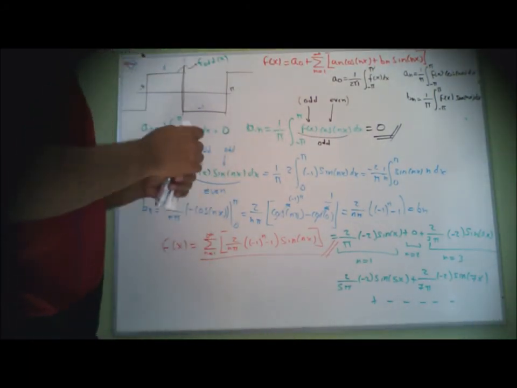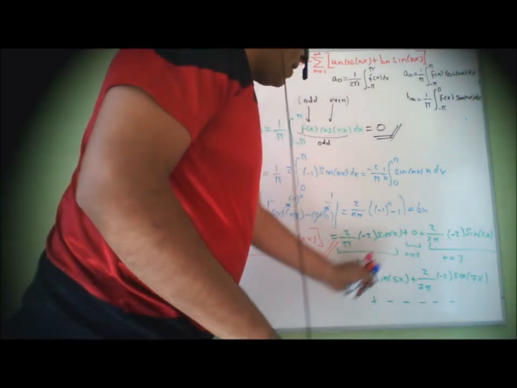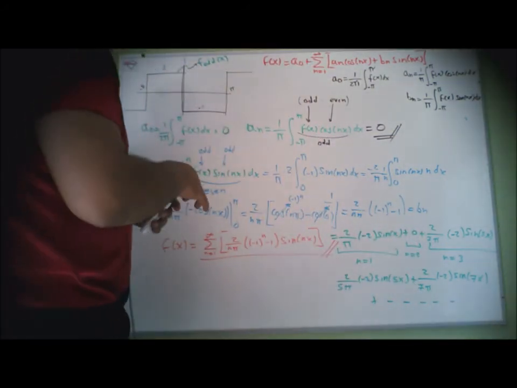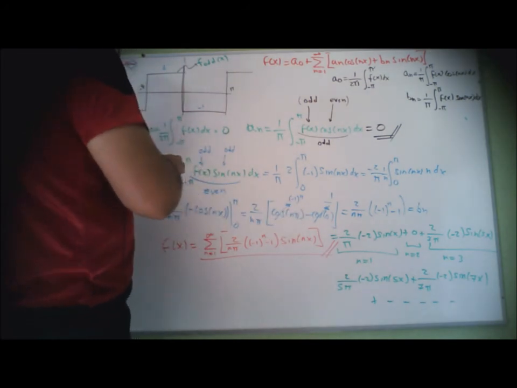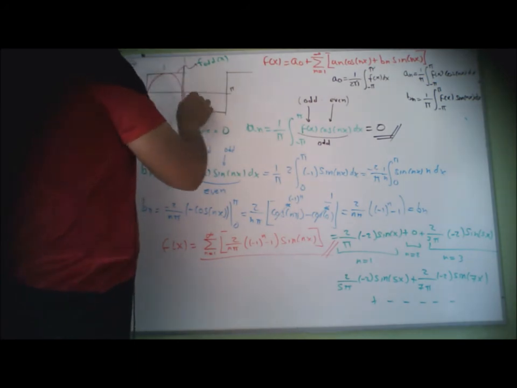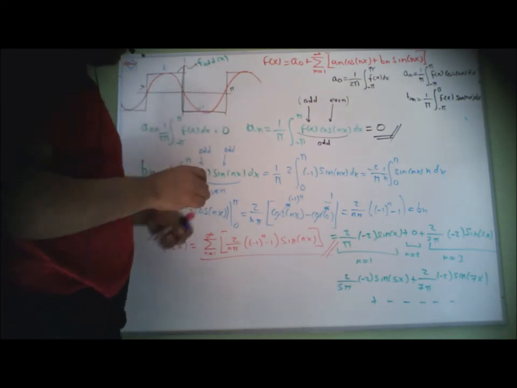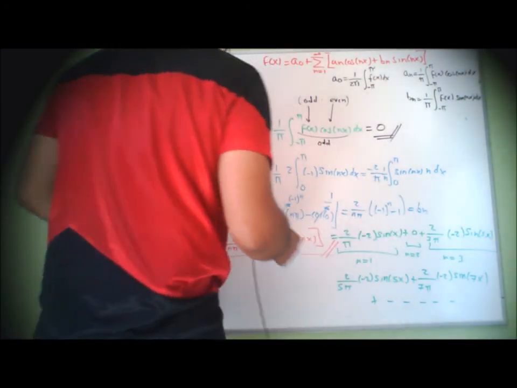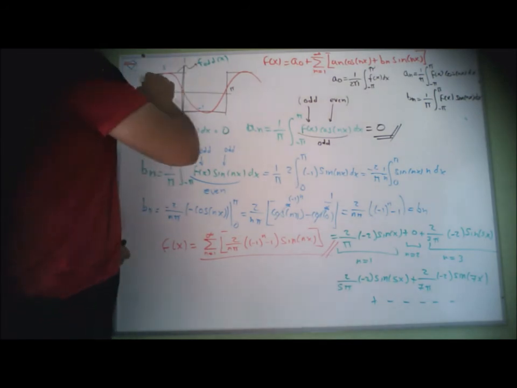Alright, now, what happens on the plot? If you want to plot this, what will happen is something like this. With n equal to 1, it is going to be something like this. It's going to be close to this one. But with n equal to 3, it is going to be something like this.